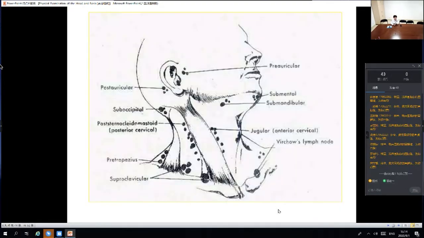Okay, next I would like to talk about the physical examination for the cervical lymph nodes.